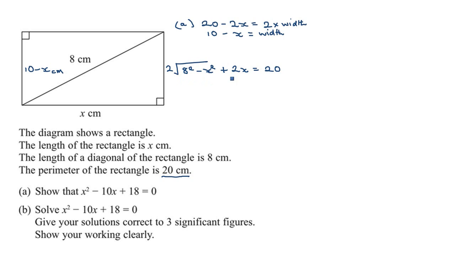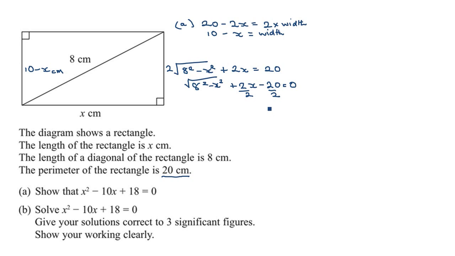And now, again, I can divide through by 2, so 2 divided by 2 is 1, and 20 divided by 2 is going to be 10.